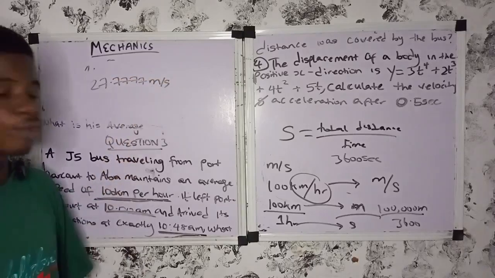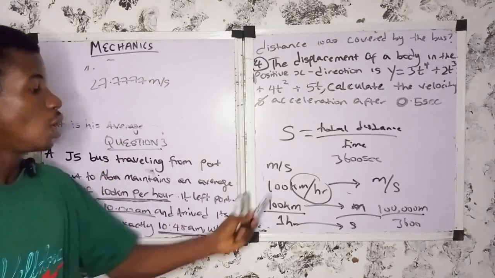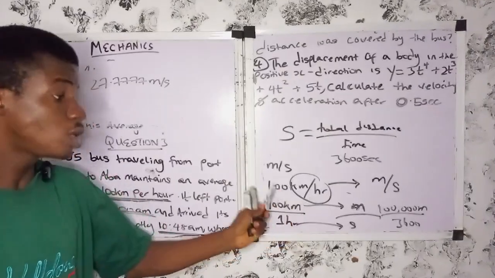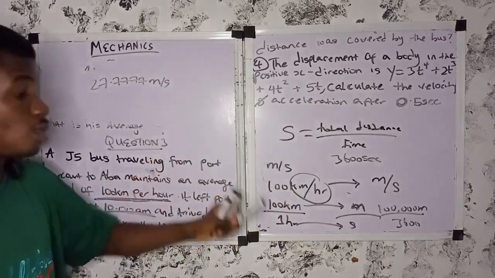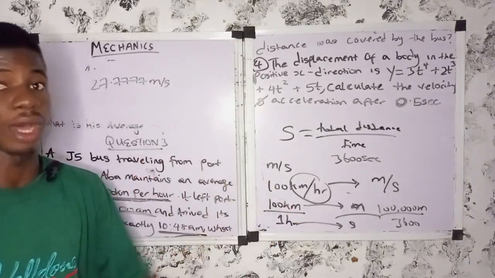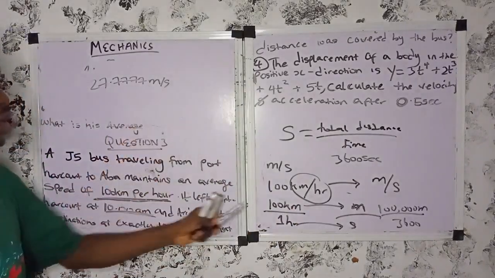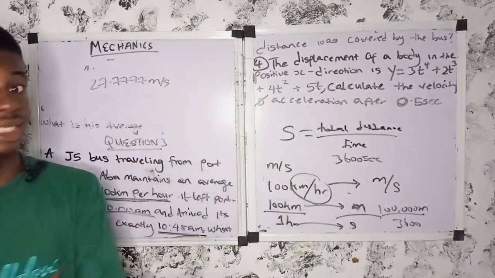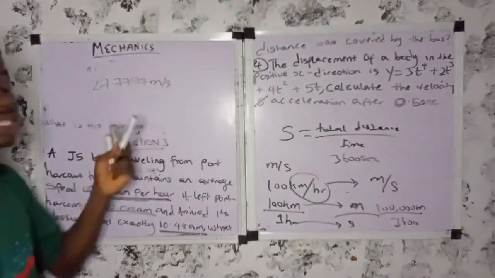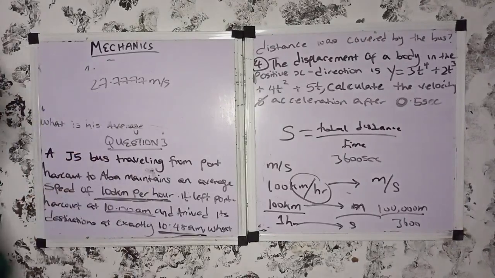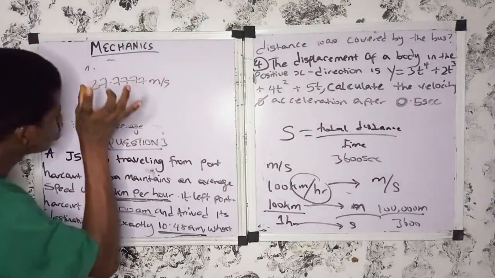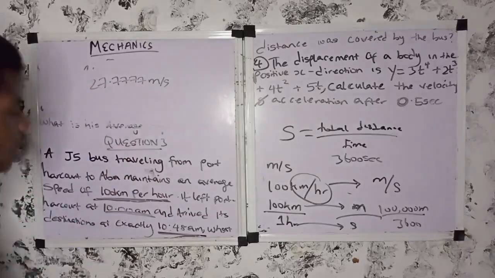So we have successfully converted from 100 kilometer per hour to meter per second. 100 kilometer per hour is still the same as 27.777 meter per second. Now let's continue.